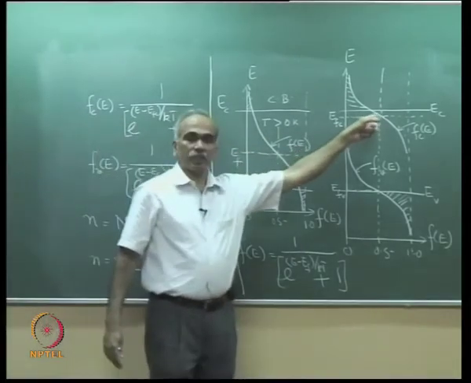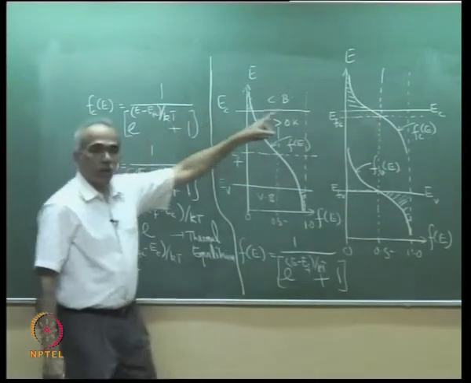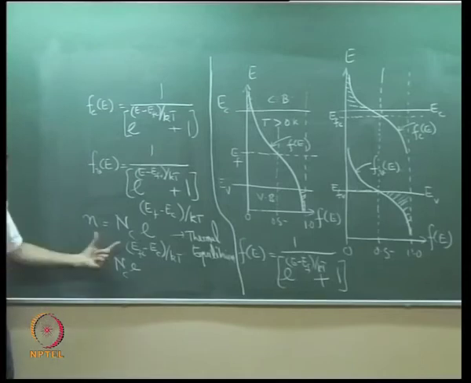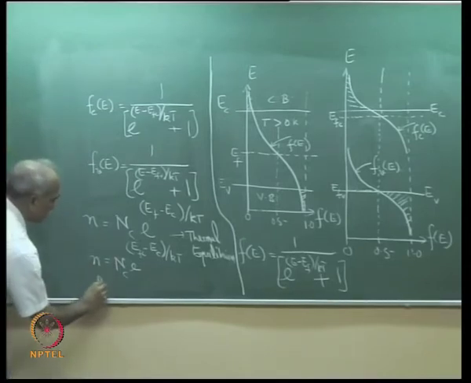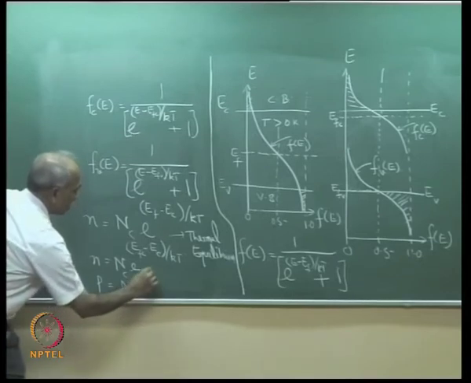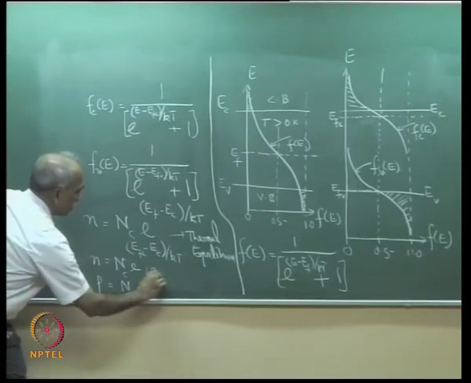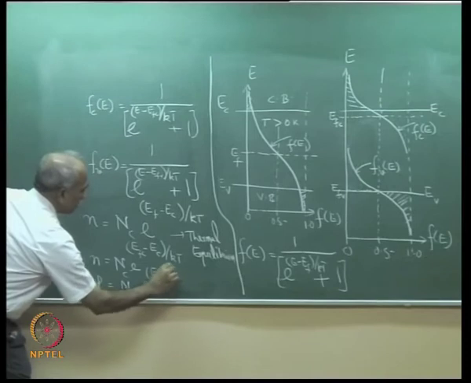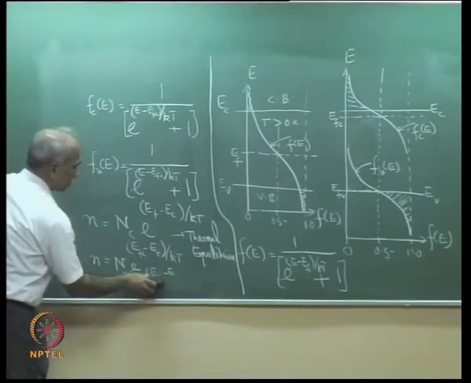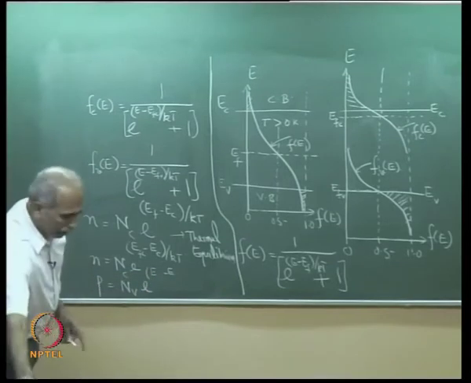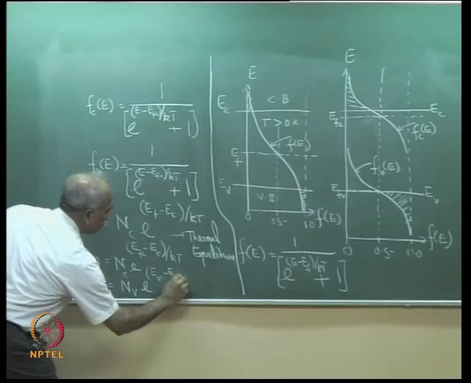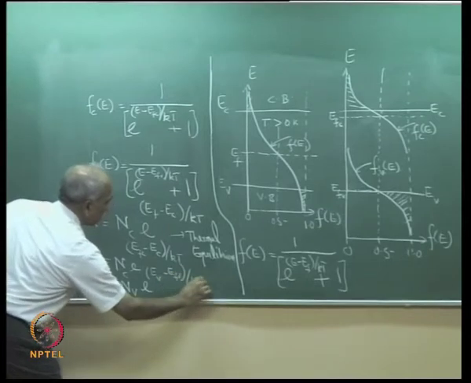Now the Fermi function is described by FC of E, which means EFC of E. And P, the carrier concentration of holes, is Nv into e to the power EFV minus EVO, EV minus EFV by KT.